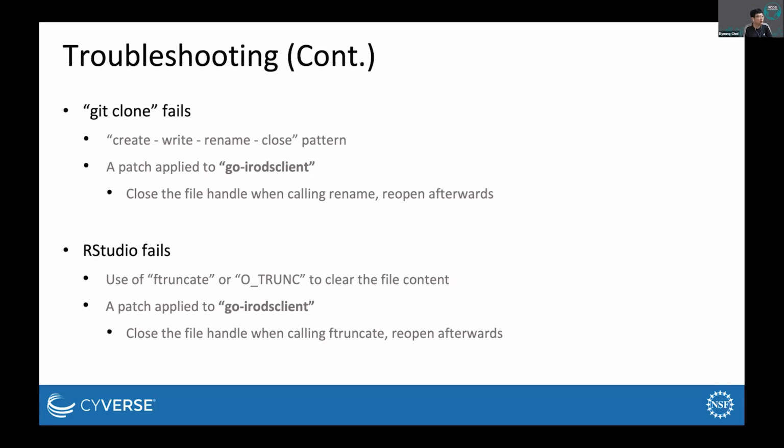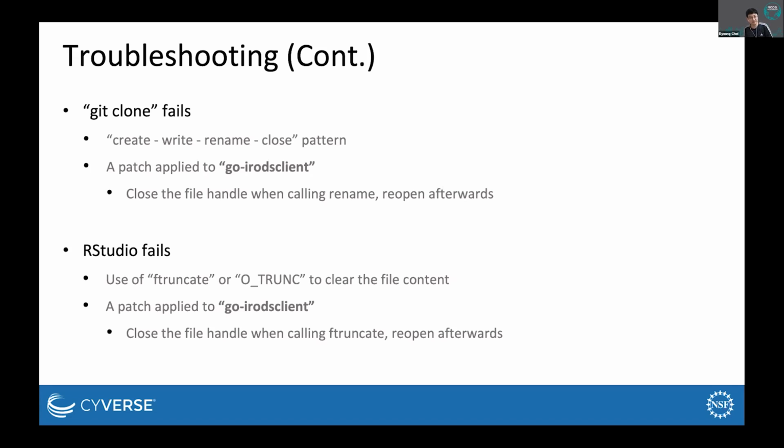Similarly, RStudio and the VI editor failed due to file truncation. They used the ftruncate command, which is not supported in iRODS. Also, it sometimes used the O_TRUNC option when opening a new file, which is not currently supported in iRODS Fuse Lite.